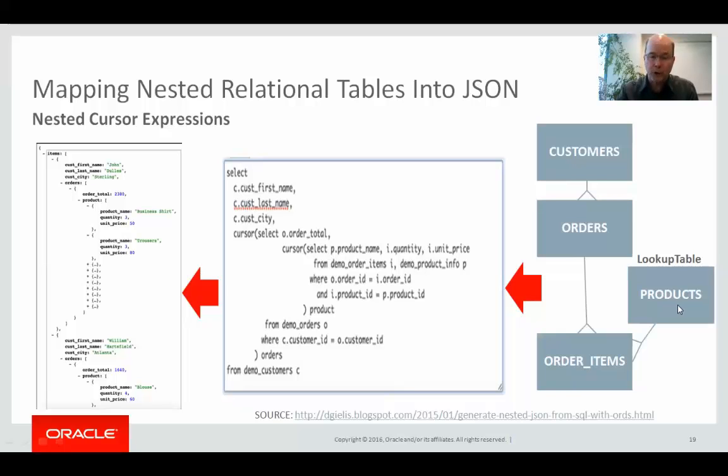But what I want to retrieve with this get operation is a row for each customer, and for each customer, rows for all their orders, and for each of their orders, all the order items and product information that makes that up. And I want to return it as a hierarchical JSON document. So it will start off by having the customer information I want, which in this example is just the first and last name and the city they're located in.